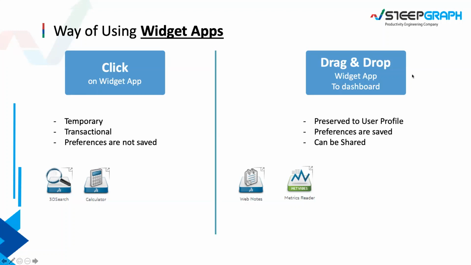So here it preserves, preferences are saved, and can be shared with other users as well. For example, you are taking some notes, you are having a matrix reader, and so on. Matrix reader is nothing but the graphs and KPIs, those kinds of things, which should be used as a drag and drop. So these are two ways you can do it, but it depends on the nature of the widgets. Not every widget can be just clicked and used. Some have to be mandatorily put onto the dashboard to use them.